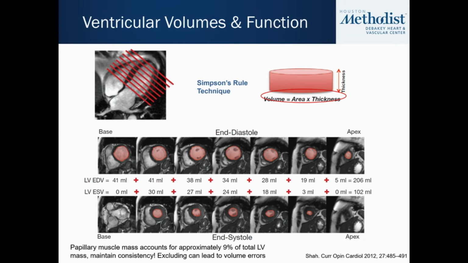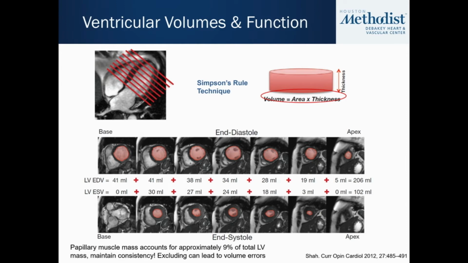There's been multiple discussions about the papillary muscles. The conclusion of all of the discussions is that you have maintained consistency. So if your lab has been doing LV ejection fraction and volumes, excluding the pap muscles for the past 10 years, it's something to consider just to continue doing. But I will argue that the pap muscles in multiple studies have been shown to have a significant contribution to LV mass.